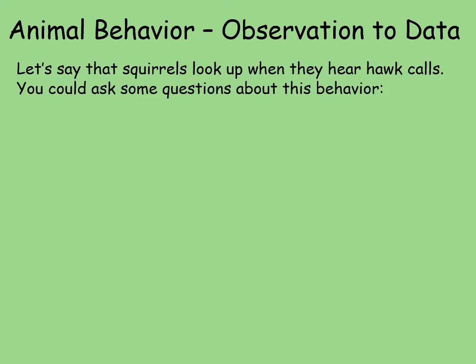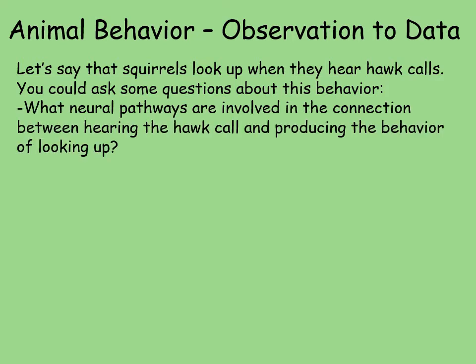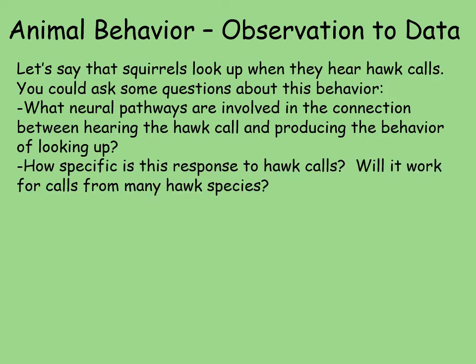So you could ask some questions about this squirrel behavior. You could say, what neural pathways are involved in the connection between hearing the hawk call and producing the behavior of looking up? You could say, how specific is this response to hawk calls? Will it work for calls for many hawk species?